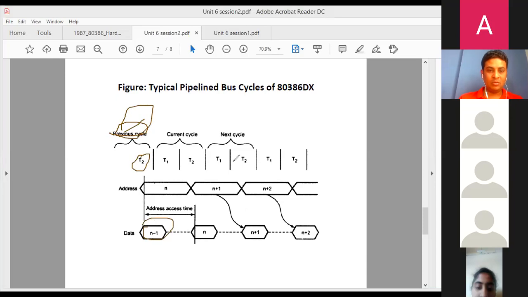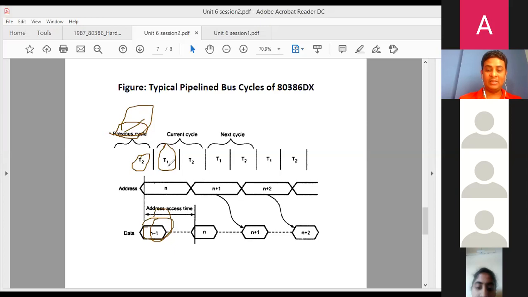When the data is accessed, the address is calculated during T1. You may observe that in time T1 of the current cycle, we are accessing the data of the previous cycle. This arrangement is known as pipeline architecture, or the pipeline bus cycle of the 386.